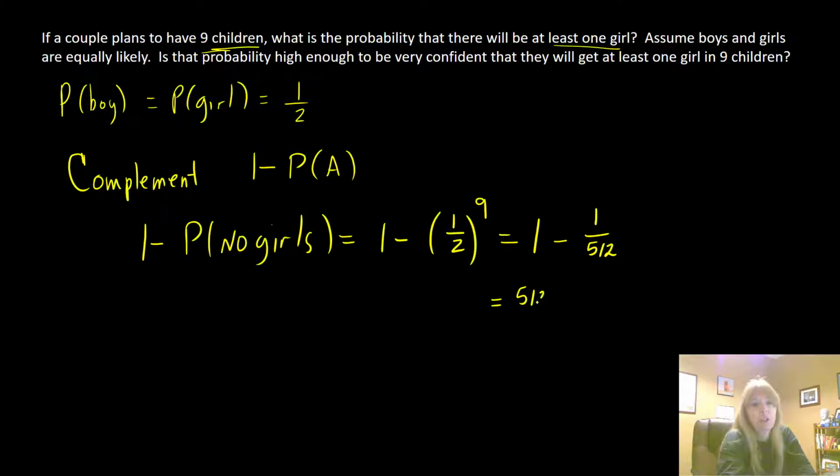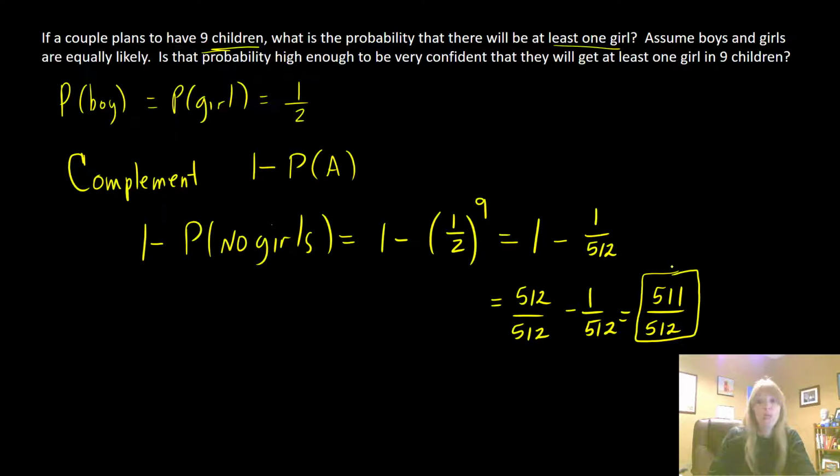Going back to your fraction days, getting common denominators, because it wants the answer as a fraction, then you will get your answer. This complement is something really cool to know about, because think about it if it was like 1 out of 100 children, right?